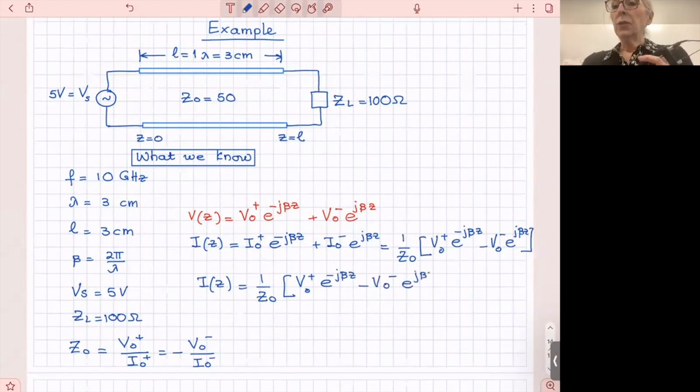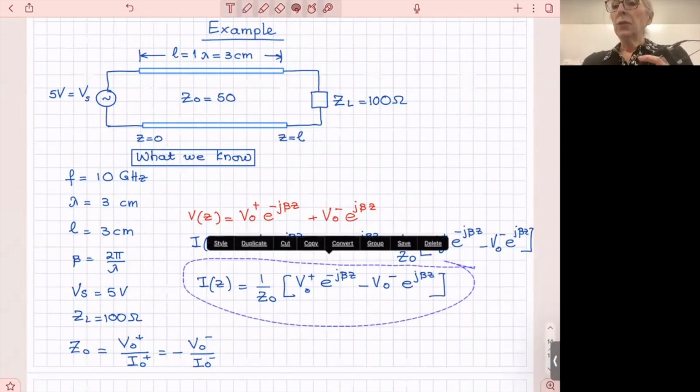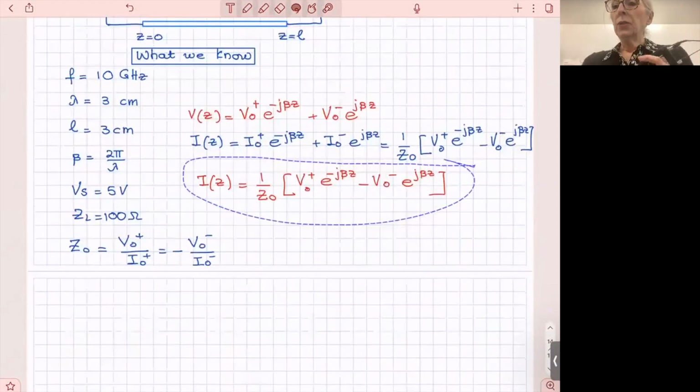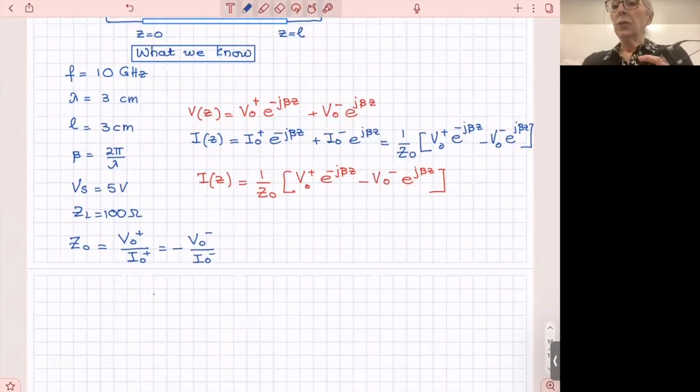Okay, now. What do we need to find? To be able to find the voltage and the current, we need to find V of z, and we need to find I of z. All right, to be able to find that, how many parameters do we need to know?